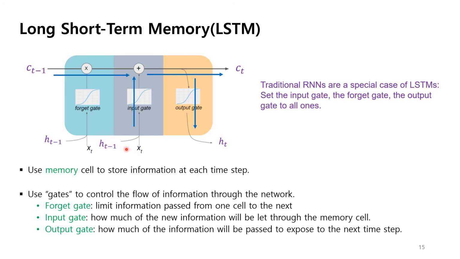By using this, we compute the value of the next state. So we do exactly the same. By using these two, h_{t-1} and the current input, we compute the output of the hidden node in the next step. This is exactly the same as in RNN. So this is the output of the hidden node.